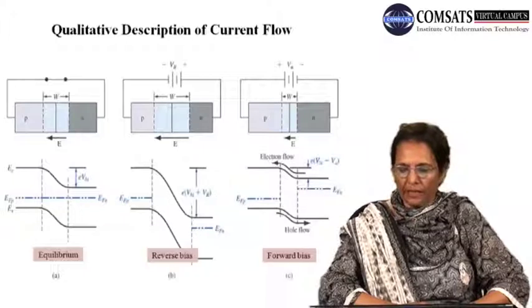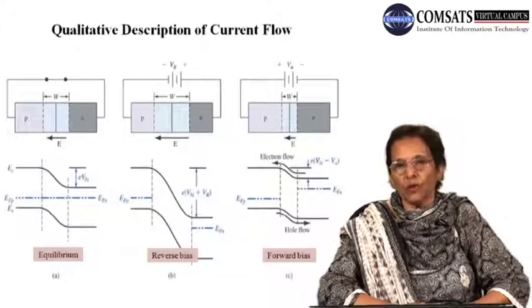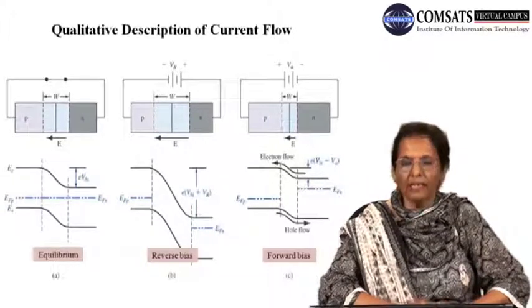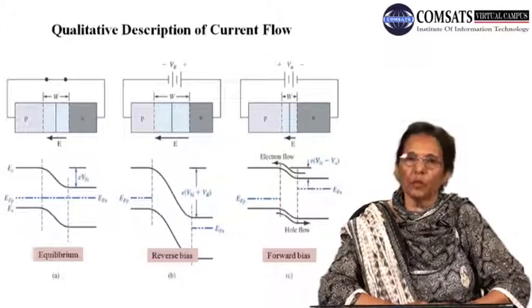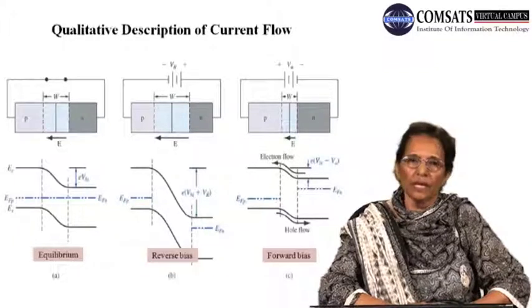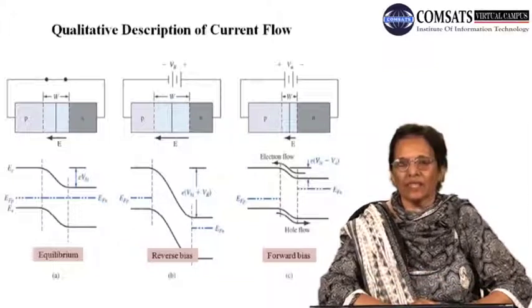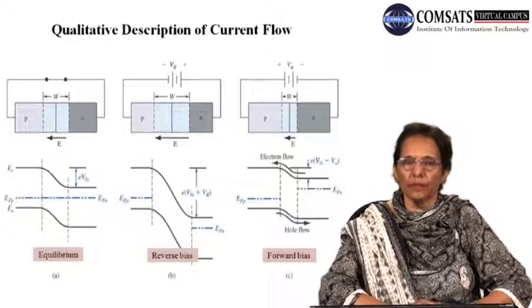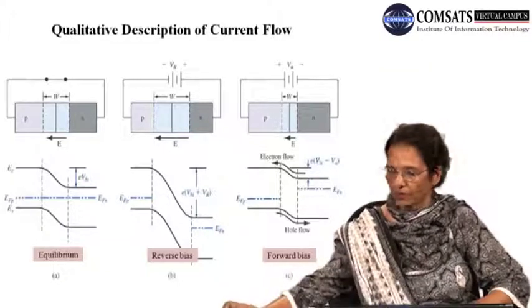This band bending reduces in the forward bias direction and increases in the reverse bias mode of operation of the diode, and then there is characteristic band bending in thermal equilibrium, depending of course on the doping concentration on the n and p side of the junction.